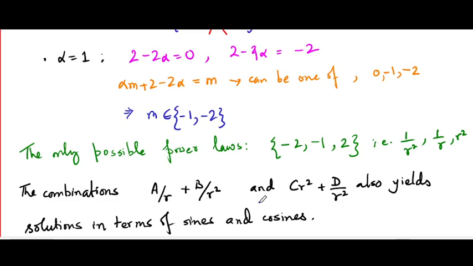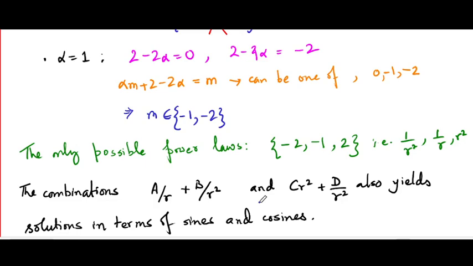Similarly, c r square plus d by r square also yields solutions in terms of sines and cosines. However, say a term like alpha r square plus beta by r will not be something you can solve in terms of sines and cosines.